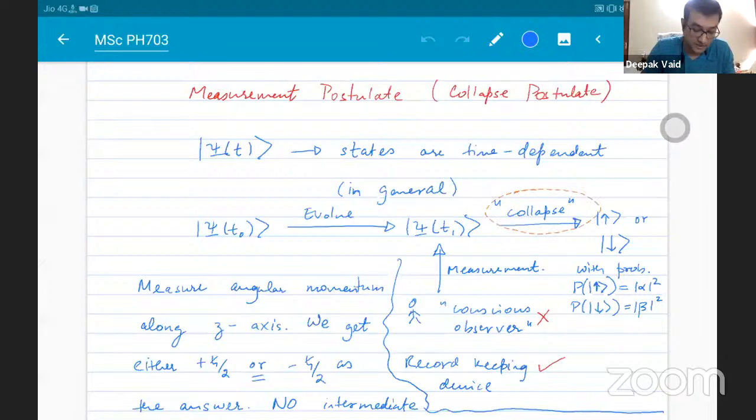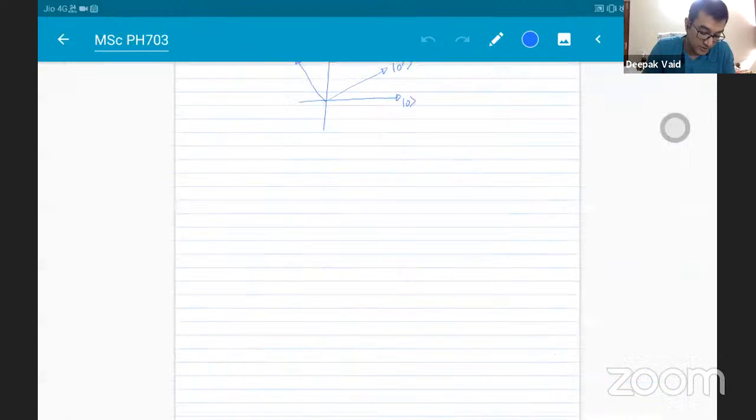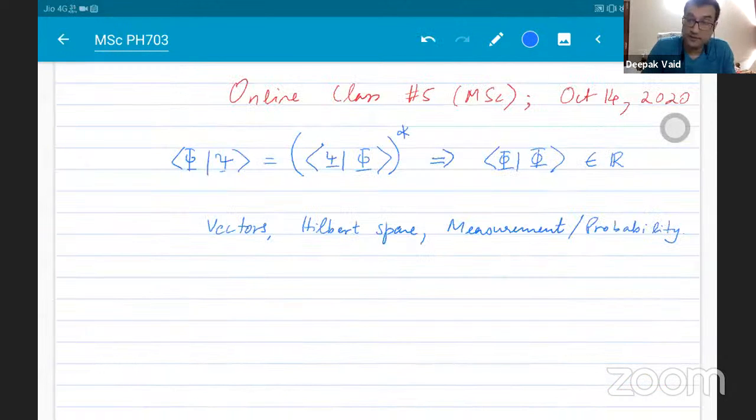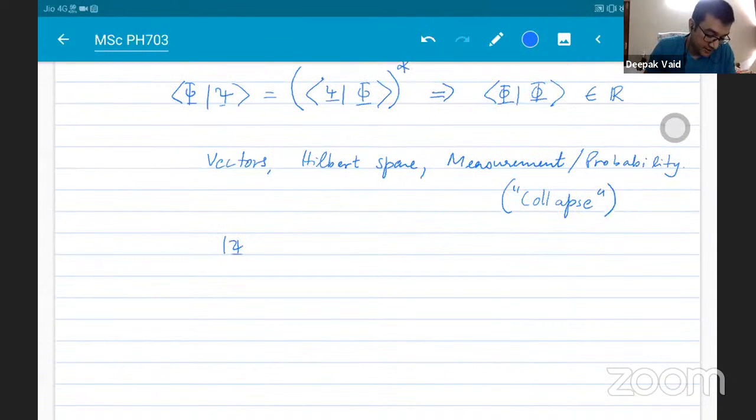This collapse process is very important. We don't have a complete understanding of what this collapse is or how it occurs, but we know it happens. So what is the collapse? You have a state psi, and you can write it as a superposition of some basis states.